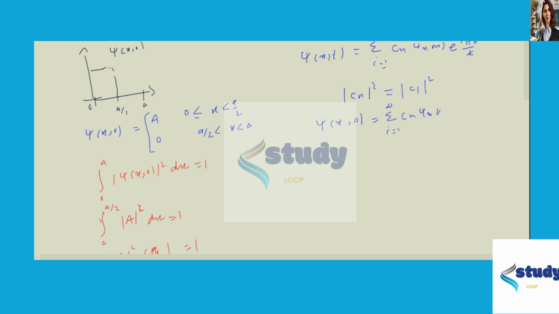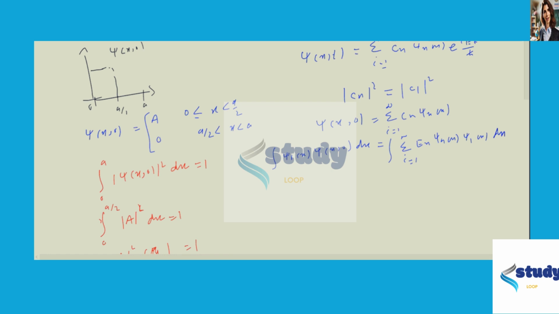Multiply the above equation with the first stationary state psi 1(x) and integrate: the integral of psi 1(x) psi(x, 0) dx equals the integral of the summation from n equal to 1 to infinity of Cn psi n(x) psi 1(x) dx.